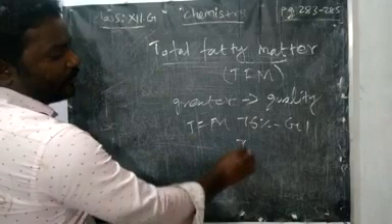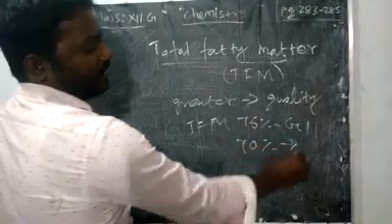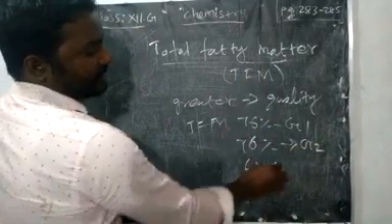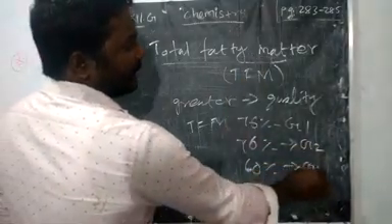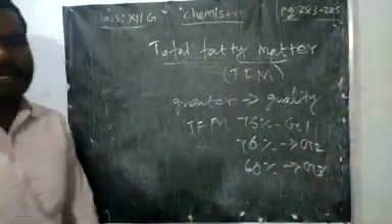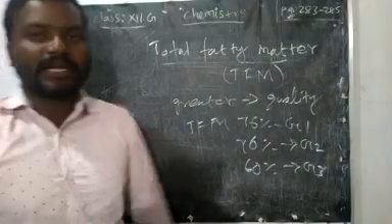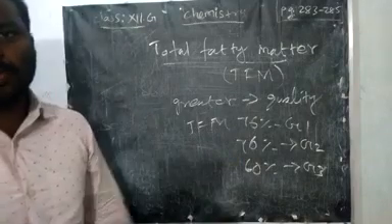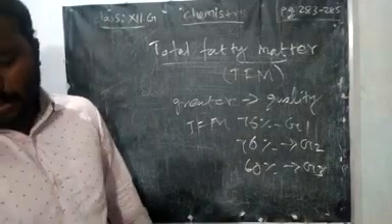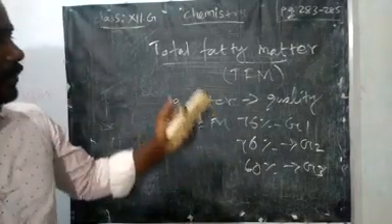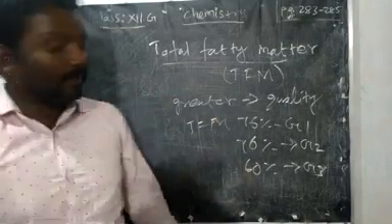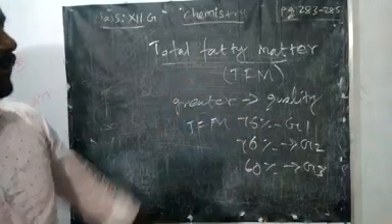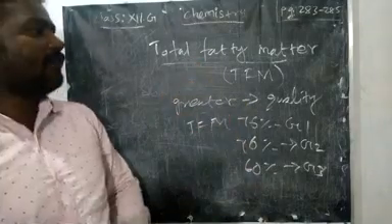Suppose the TFM value is 70%, that means grade 2. 60% means grade 3 soap. In case less than 60% fatty matter is present, they are called another name like leather soap or some other name also. So based on the quantity of TFM, we can measure the quality of the soap.